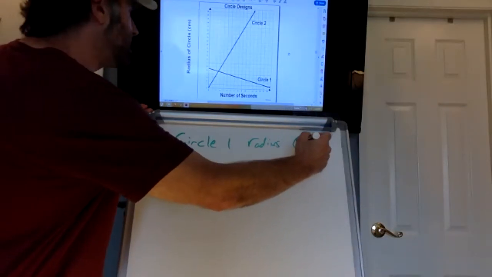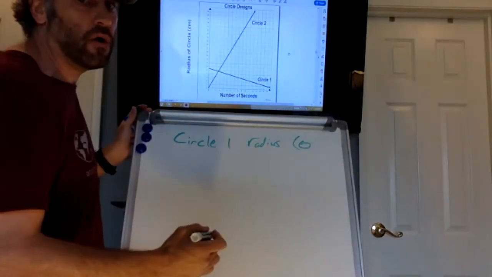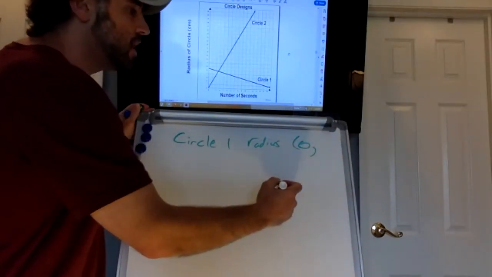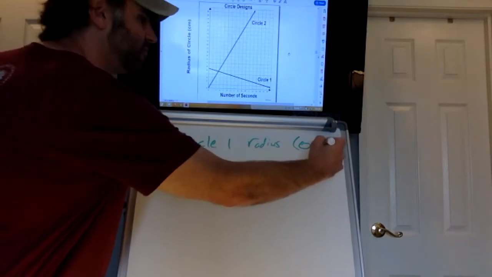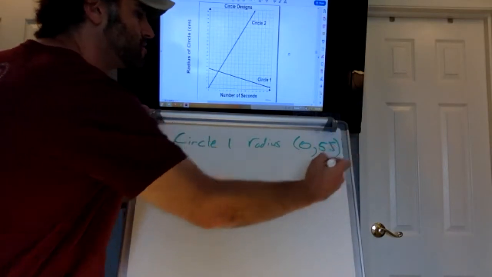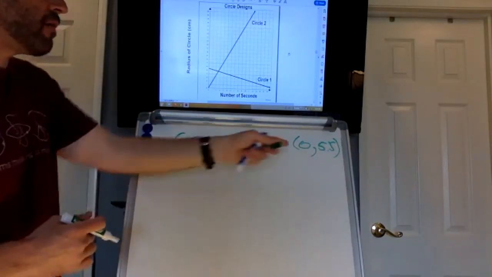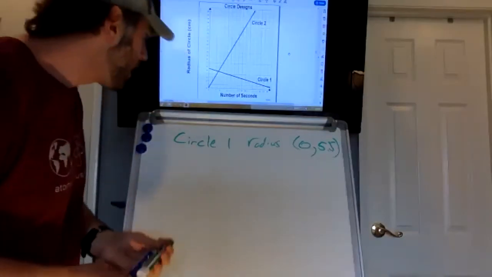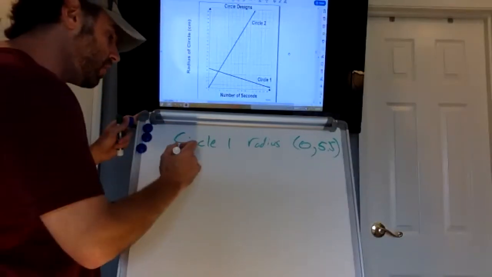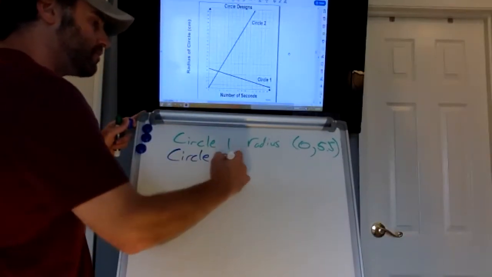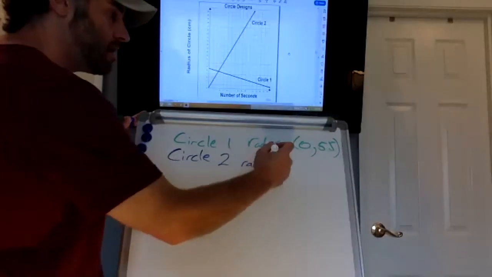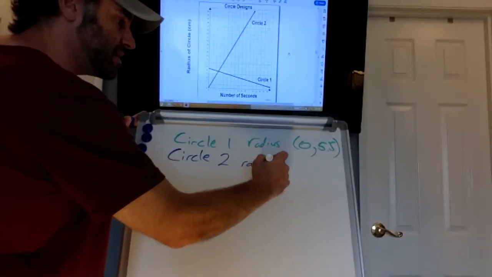Circle 1's radius at 0 seconds, input 0, was 5.5 centimeters. There's a starting coordinate. That's my y-intercept. At circle 2, the radius at the beginning, we call that the initial radius.